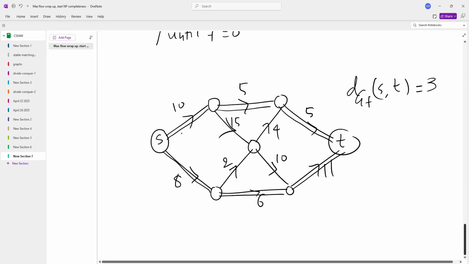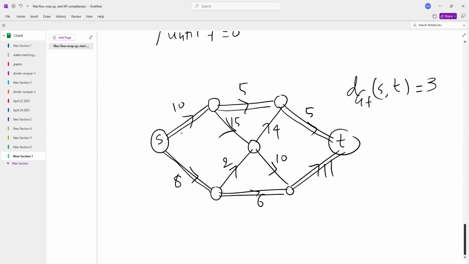And now, in this graph, I'm going to just do blocking flow. Blocking flow means I keep trying to find a path and using that, right? So I will first do this path, and I see that the residual capacity, the bottleneck capacity, is 5, so I'm going to send flow 5 along this path, right?